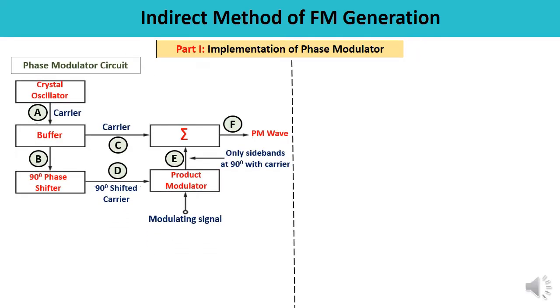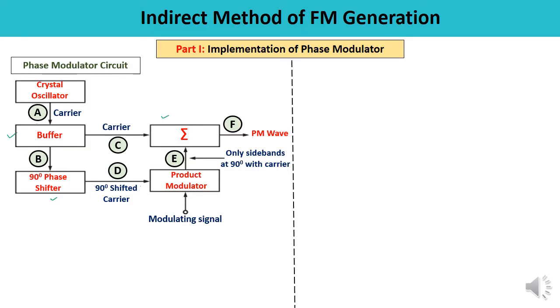In this diagram, you can see the block diagram of the phase modulator circuit, as we have drawn the detailed block diagram for the indirect method of FM generation, and there are two parts. The first part was about the phase modulator circuit. You can see over here the crystal oscillator, it produces a stable unmodulated carrier which is applied to the 90-degree phase shifter as well as the combining network via a buffer.